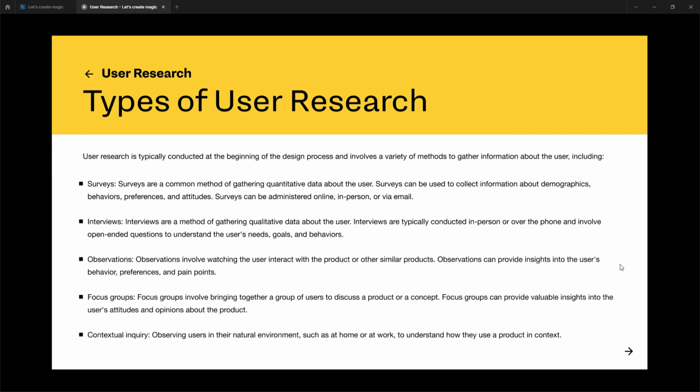And this is where the user personas come into play. So in the last question or the last slide of your survey, you can attach a request asking the users who will be filling out the survey to give permission or consent to having an interview with you.